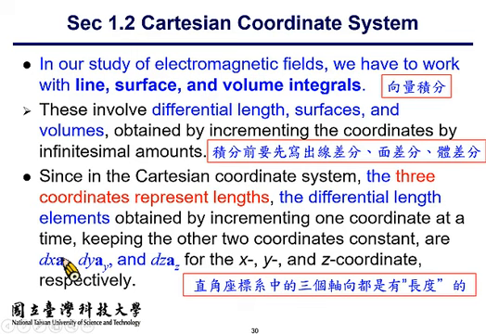It describes that along the x direction, you have observed a small amount of increase in the x coordinate, in the x-axis. 在 x 轴上面有一个小小的增加。那同样的这一个小小的增加也可以被描述在 y 跟 z 方向。So in a similar fashion, you can write up a small increase in the y and z directions, dy ay and dz az, accordingly.